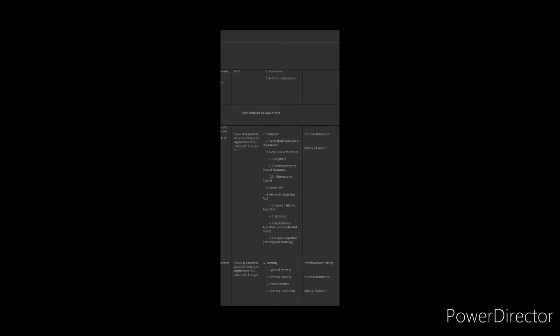It includes general microprocessor organization, single bus architecture. In single bus, we will discuss the registers, buses, gating, and control sequences, and also microprogram control. The control unit is our third, and our fourth is the ALU or the arithmetic logic unit.